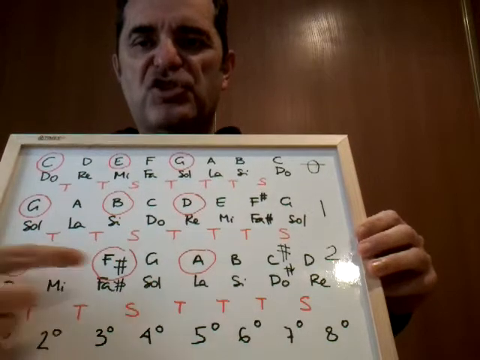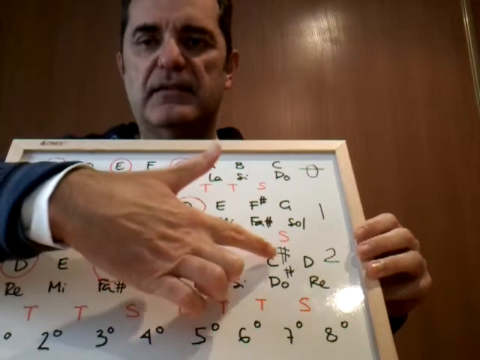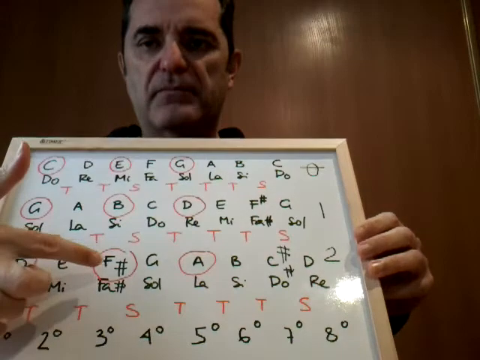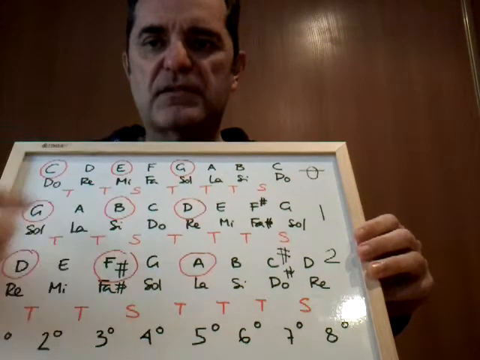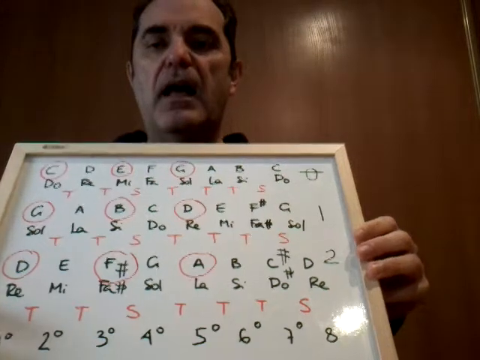Okay, the two sharps of the D major scale, and C is an F, right? The three notes, the first, the third and the fifth, are very important.